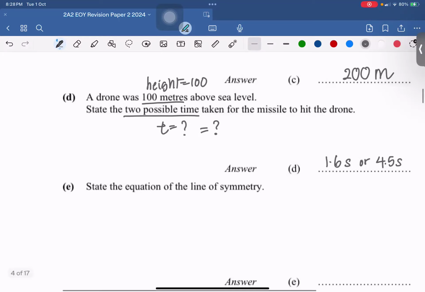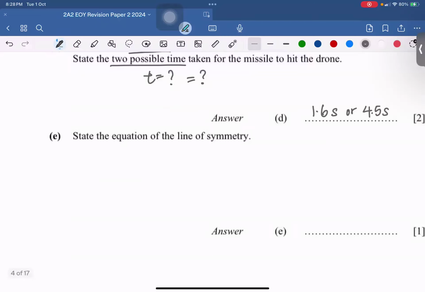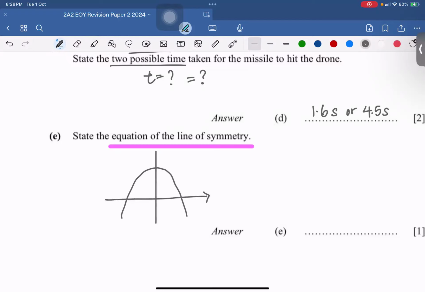Okay, next one. State the equation of the line of symmetry. When they ask for the equation of the line of symmetry, the graph is like that. The line of symmetry is a vertical line. If it's a vertical line, it will cut the t-axis in this case. Normally it's the x-axis, so it's usually x equals to a number.